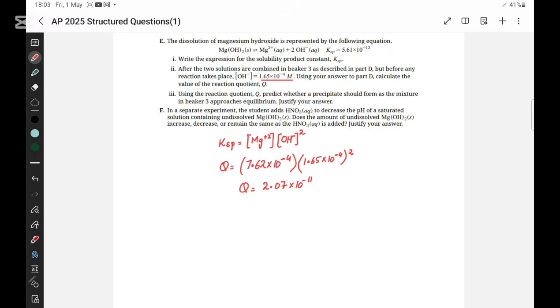Use the reaction quotient Q to predict whether a precipitate should form as the mixture in beaker 3 approaches equilibrium. For that purpose, we need to compare the value of Q and Ksp.